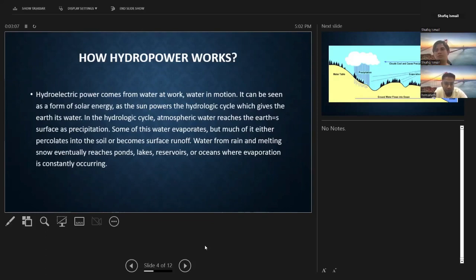Some of the water evaporates, but much of it percolates into the soil and becomes runoff, the water from the rain and melting snow that reaches the ponds, lakes, and rivers of the ocean, where evaporation is constantly occurring.